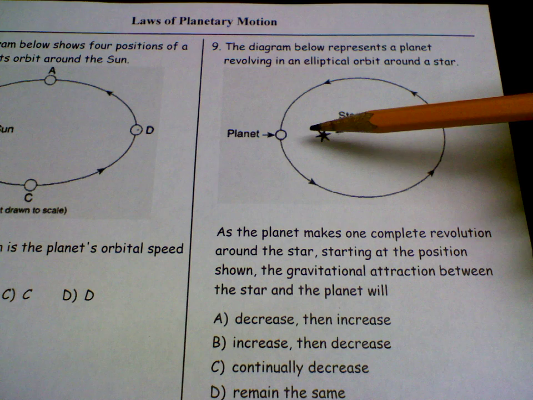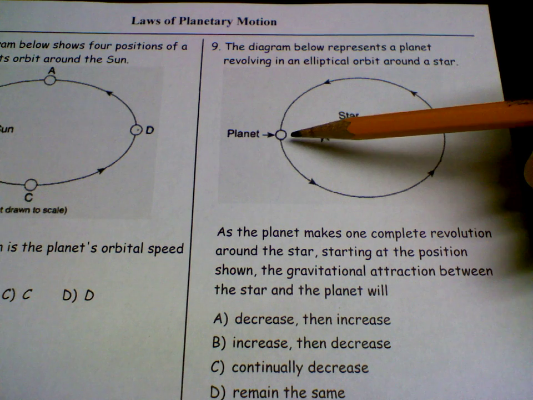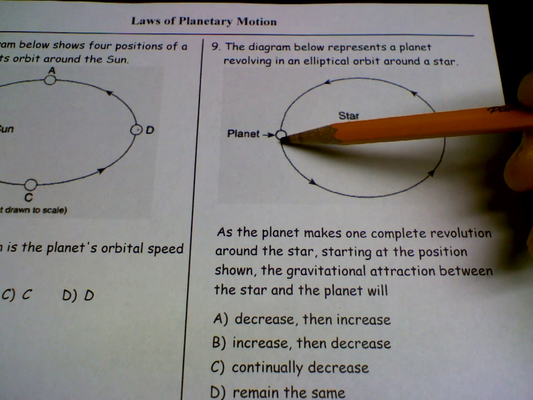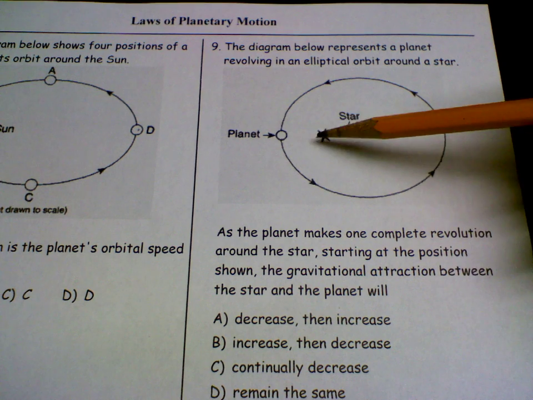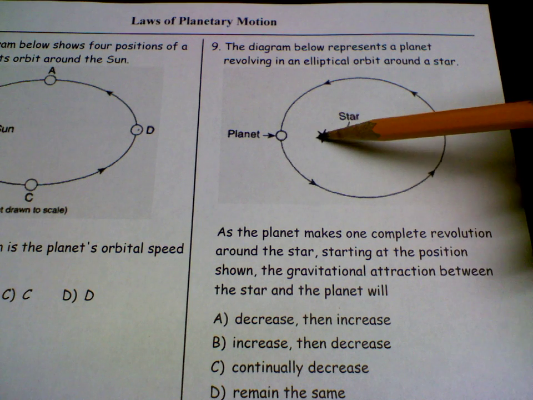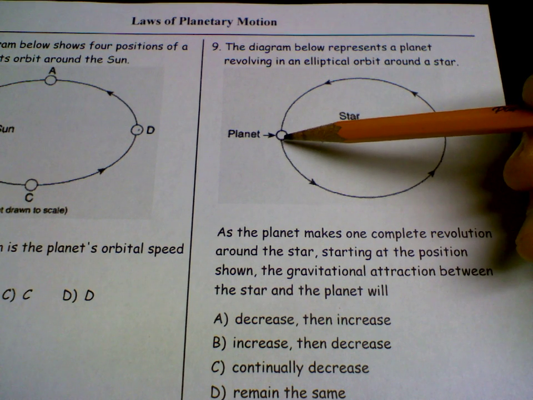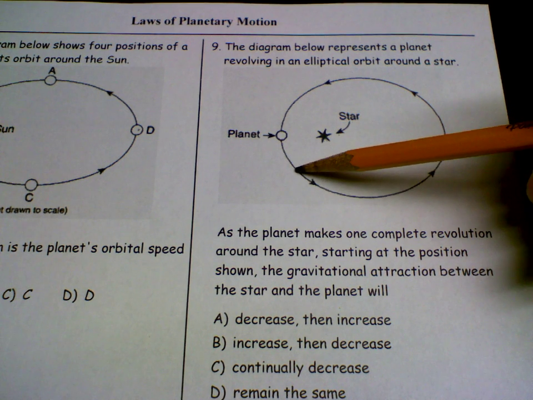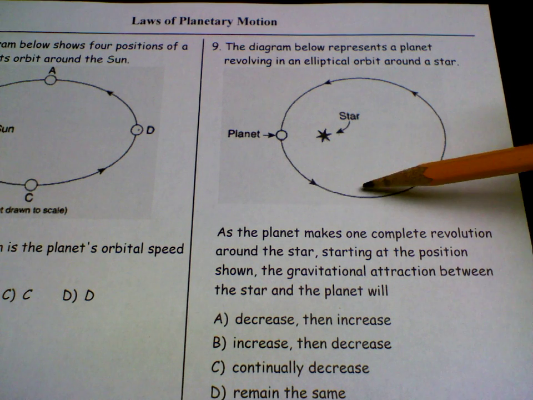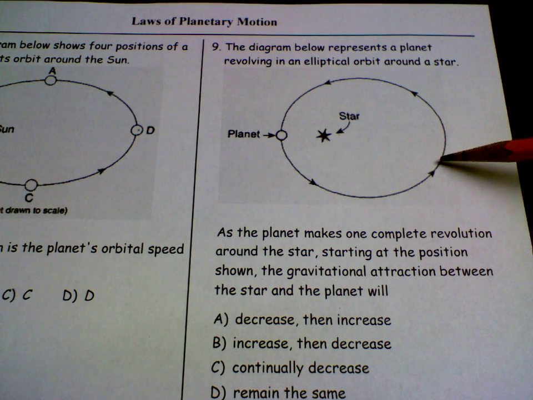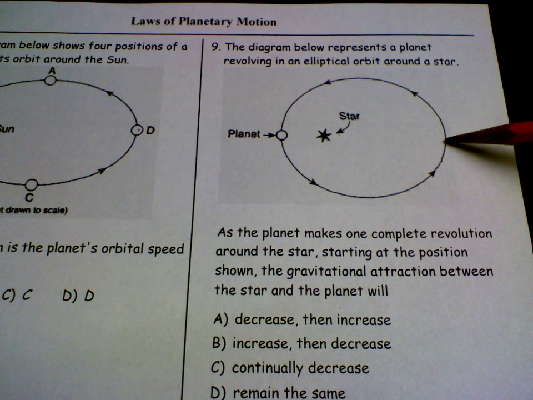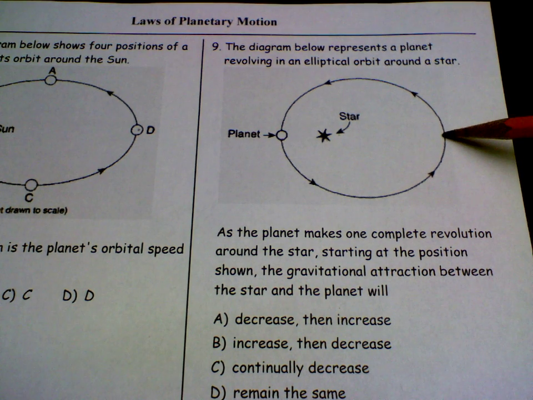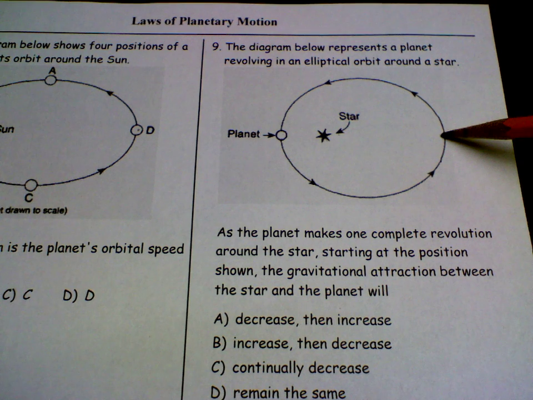As the planet makes one complete revolution around the star, starting at the position shown, what happens to the gravitational attraction? Now remember what I said, the closer we are to the sun, the more gravitational attraction or gravitational pull we have. Now as we start to move, we're going further away. So we're decreasing our gravitational attraction until boom, we hit that major axis, the other point.